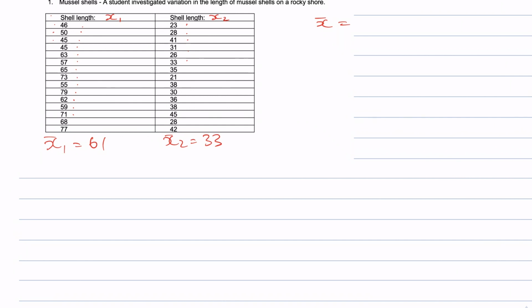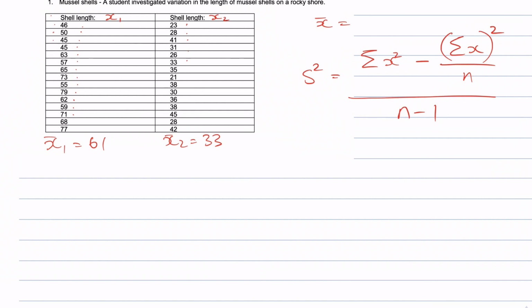Okay, so the next thing is the variance, and the variance is given by s squared equals the sum of all the x squareds, minus the sum of all the x's, squared, divided by n, and all of that divided by n minus 1.